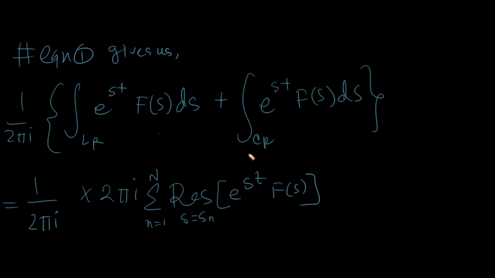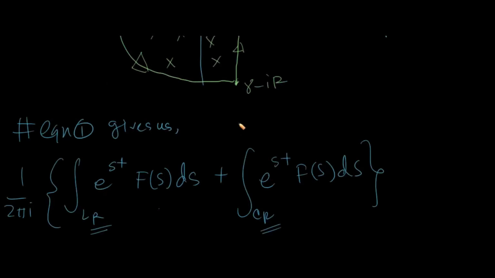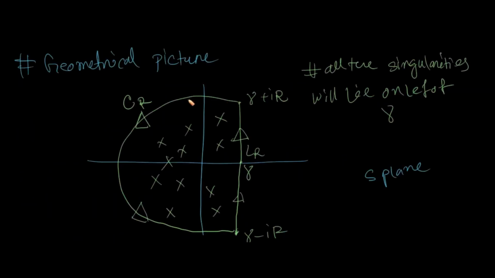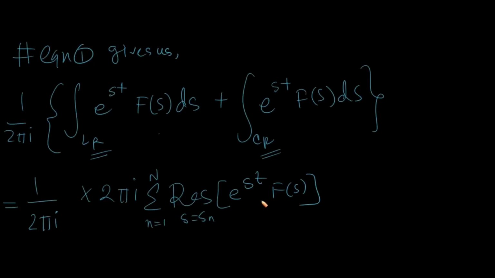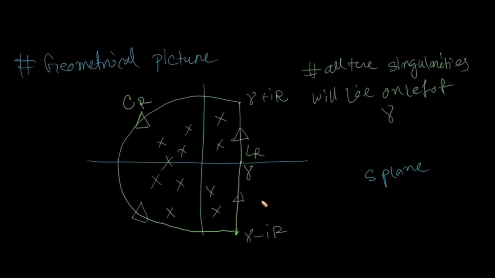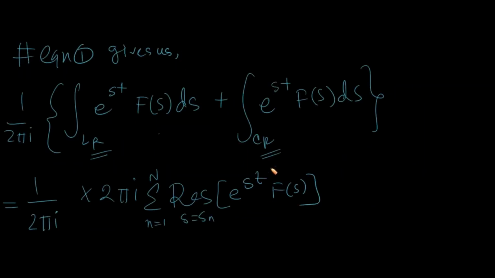Now there are two parts of it. One is this LR guy, another one is this CR guy, right? And usually when r goes to infinity, we have seen that the contribution on the semicircle goes to 0, even though that's not always the case. But it can be proven in general that for the inverse Laplace transformation, that means for any Bromwich contour, for any function f of s that has a finite number of singularities, the contribution coming from the semicircle will go to 0.